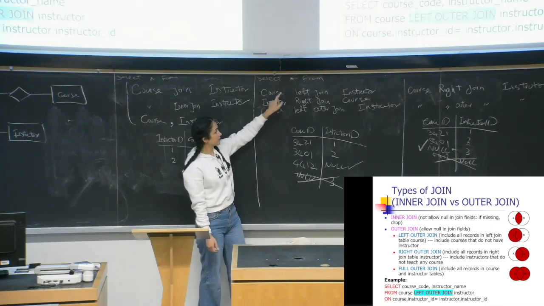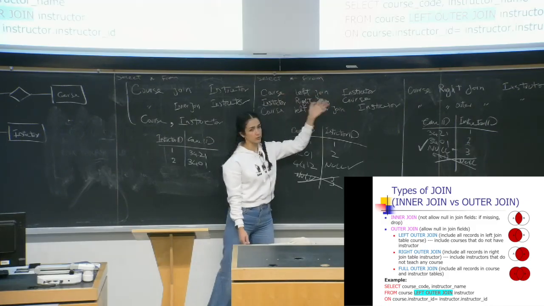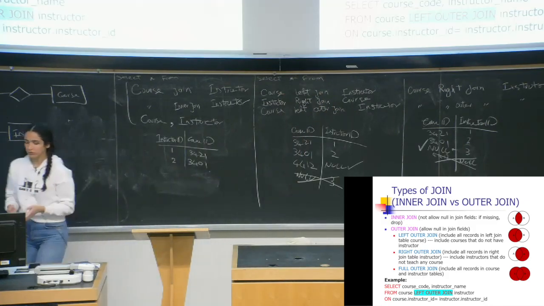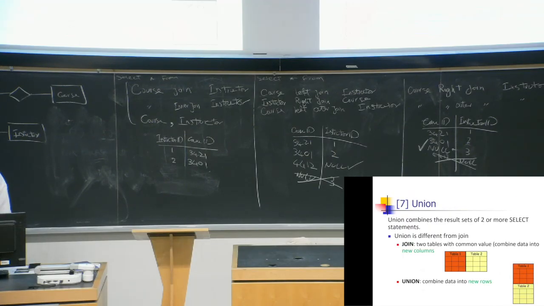Is exactly the same as course left join instructor, because here again you say everything from course, even if instructor is not. So there are different ways. Even in exam, depending on which table you write first, you can use either right join or left join, right? So joins are clear.